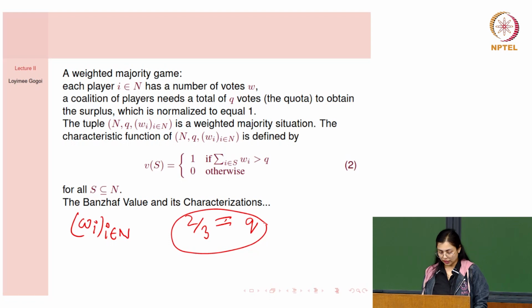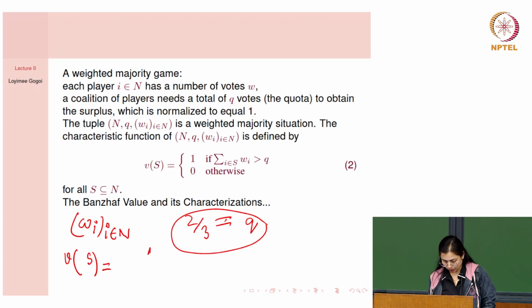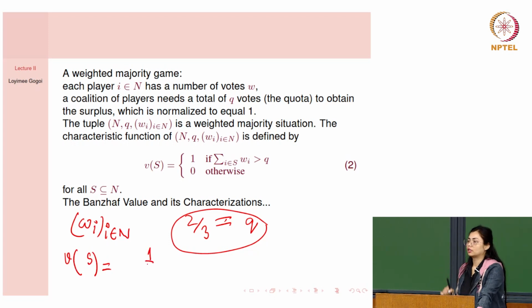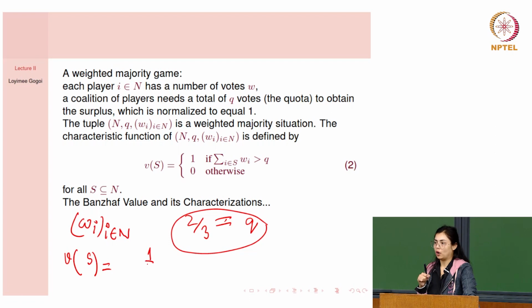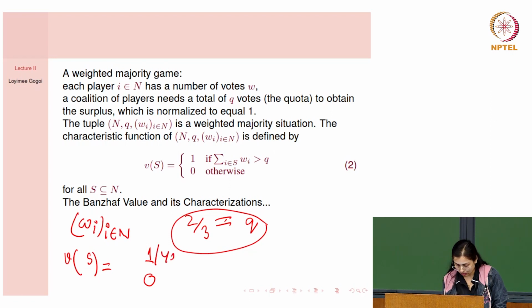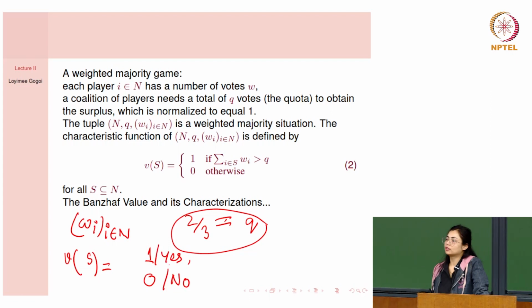Now, we can define the game as: the bill will pass, that means 1, or the bill will not pass, that means 0, either yes or no. When the bill passes, two-thirds of the majority say yes.